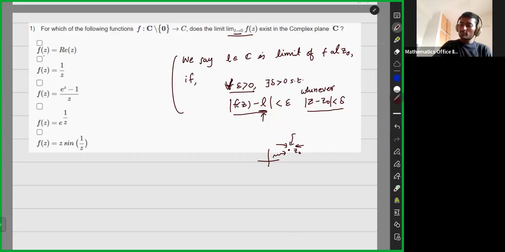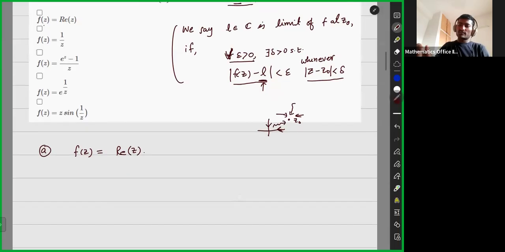So at zero, we'll check, maybe we'll calculate delta, or simply to discard an option, we'll take these two ways: from the x-axis and from the y-axis, we approach zero, and f of z should approach some L. So f of z is equal to the real part of z. What do you think? Should the limit exist or not, as z tends to zero?